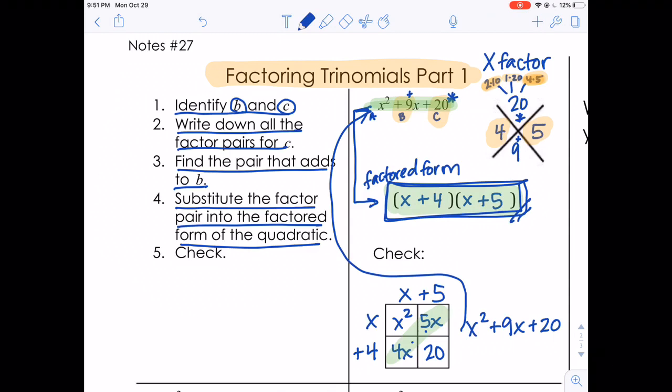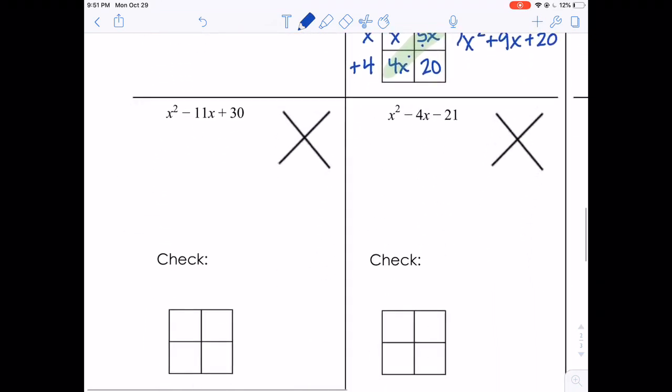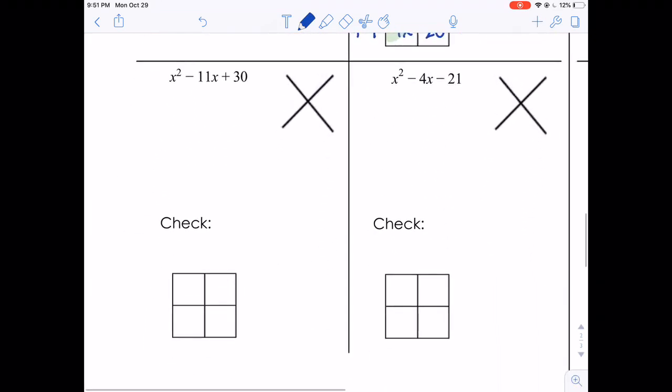All right, so we're factoring trinomials. Same thing as you've always done, just the x factor we are reviewing. For the next two examples, I'm going to multiply to get 30, add to get negative 11.